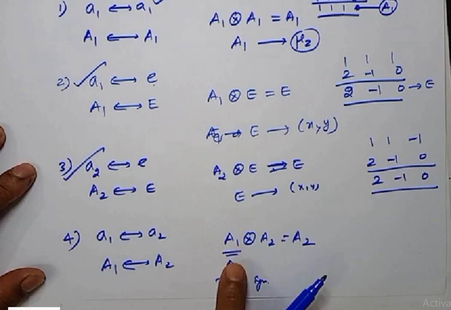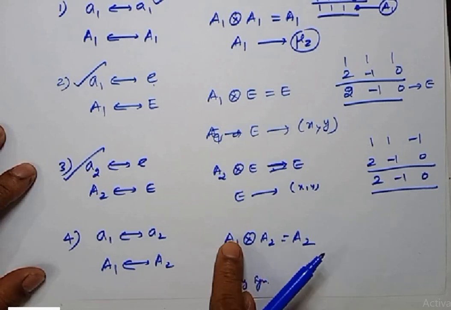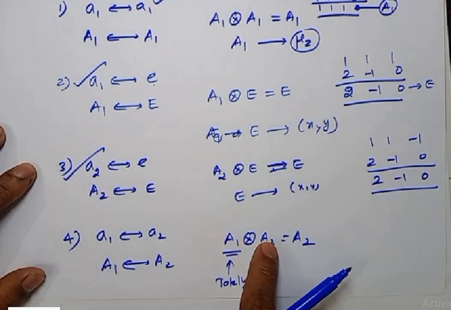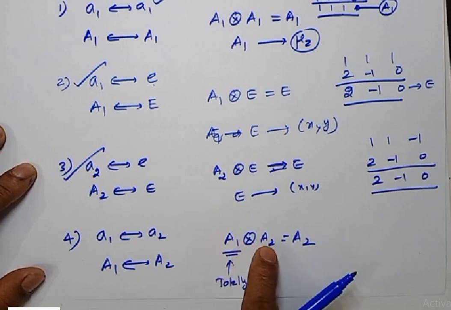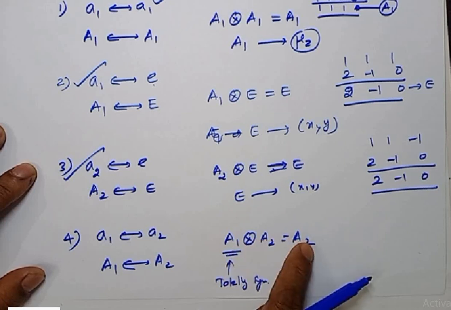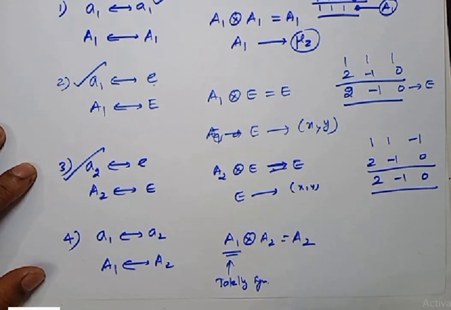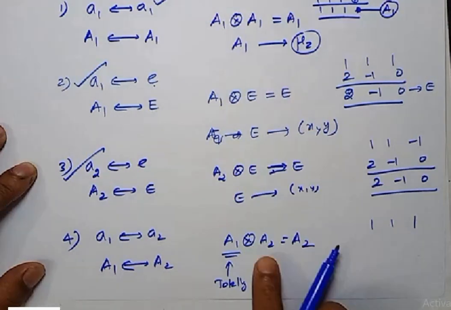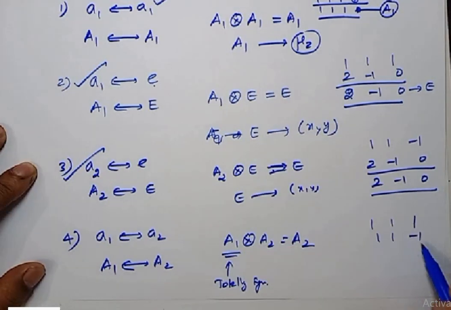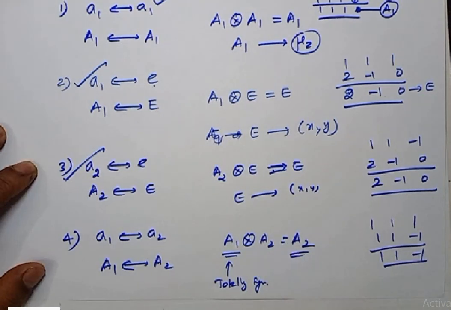See, since A1 is totally symmetric, if you multiply any irreducible representation with the totally symmetric irreducible representation, you will get the same answer. If you want, you can also check like this. A1 characters are 1, 1, 1 here. A2 characters are 1, 1, minus 1. So, if I multiply, I will get 1 into minus 1. So, A1 into A2 is equal to A2 again.